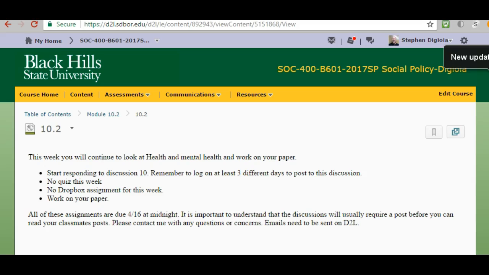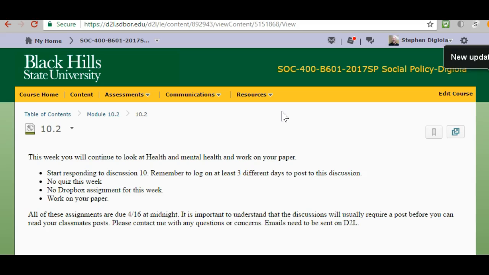So if you have any questions, make sure you reach out to me. I have had a problem with some emails where I got emails on D2L without getting the notification. Usually this box turns red when I get a new email, and I've had a couple come across that didn't light that up, so I got to figure out what's going on with this. But I will make it a point to check on there for any missing emails.